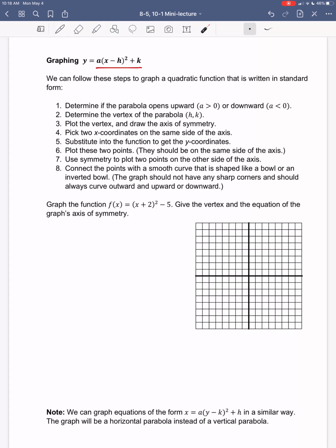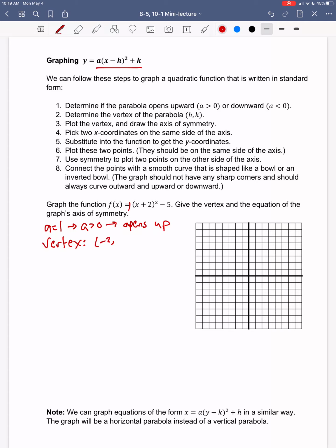So how would I graph this function? Well, I see here that in front of the parentheses, a is 1. That means a is greater than 0, so it's going to open up. We're going to figure that out anyway. The vertex, I look at this, and the x-coordinate is always the opposite of what's here. So the x-coordinate would be -2.